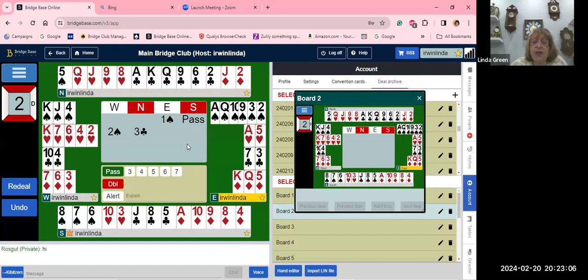And now we need to look at the hand from the East point of view. We've got 15 high card points and we've got 2 doubletons. That gives us 17. We also have a 6-card suit that partner didn't know about.